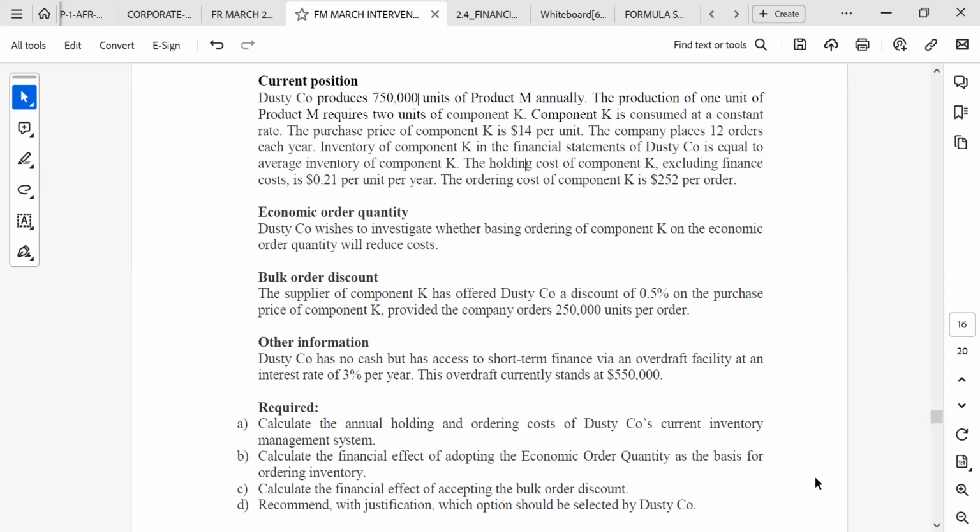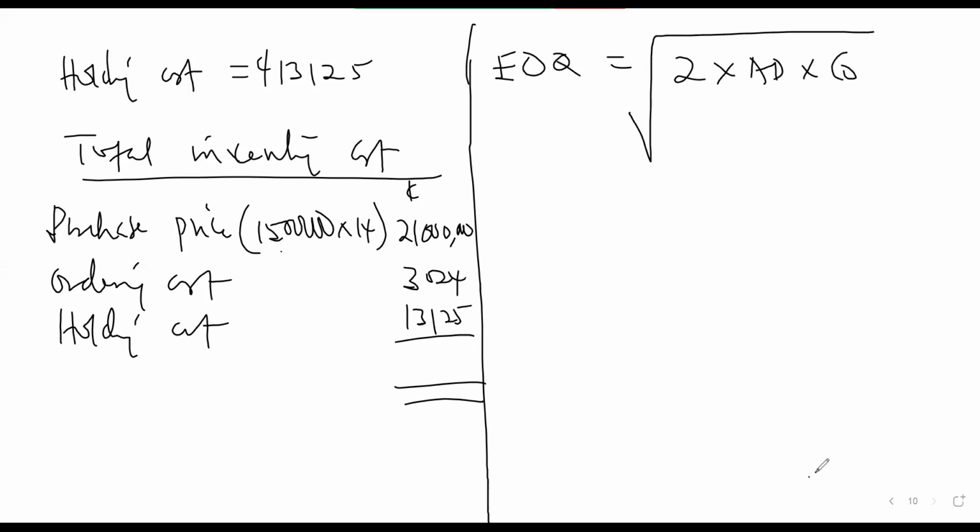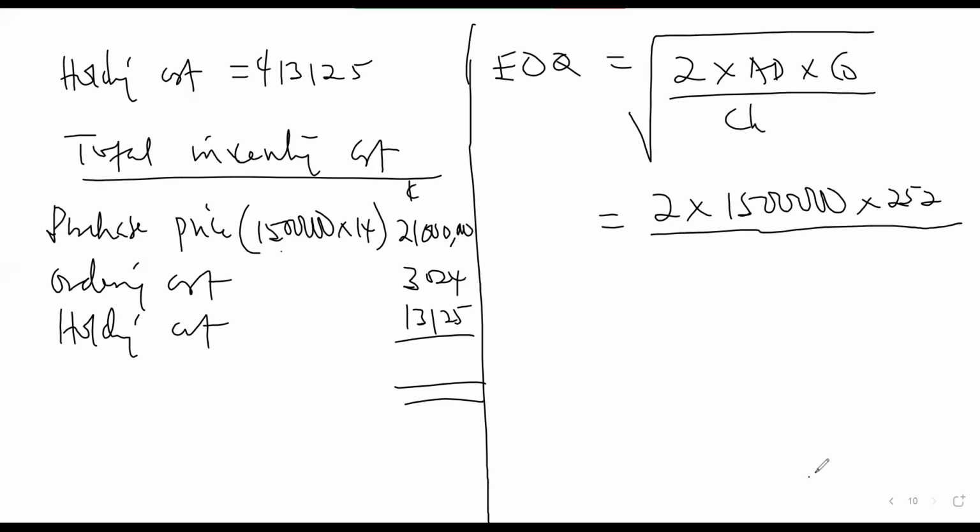So you always have to calculate for the economic order quantity. How do we do that? Using the economic order quantity, we are going to be using the square root of 2 times the annual demand times the ordering cost, all divided by the holding cost. So 2 times the annual demand, which is 1.5 million, times 252 divided by 0.21.